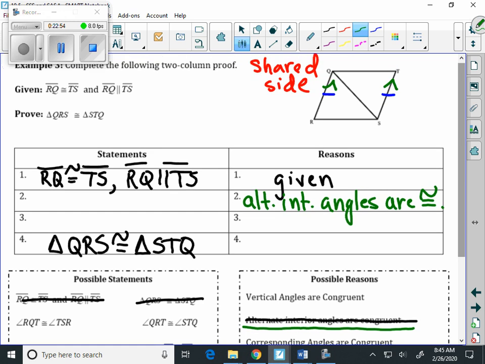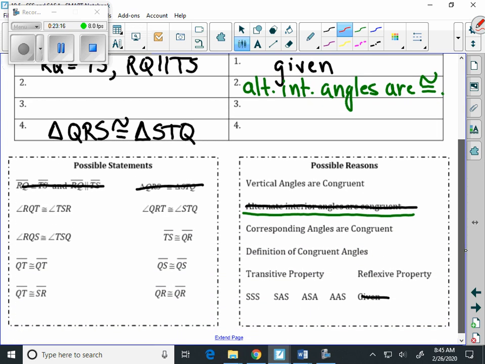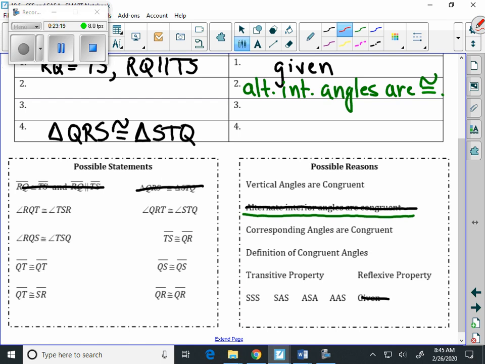Again, this picture is called shared side triangles. And our shared side is here. And what we say is that that side is congruent to itself. Well, if we look down here in terms of our properties, when we look in the mirror, we see ourselves.